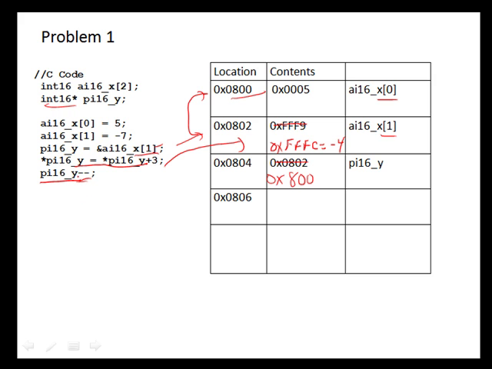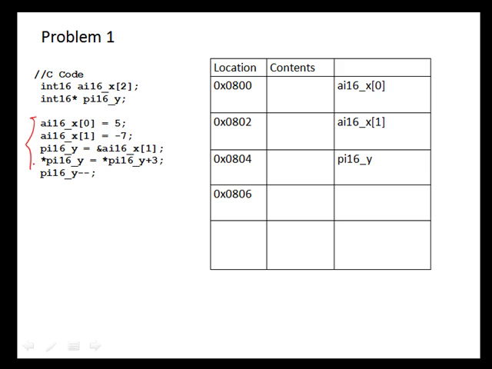The other way to do it is to remember that when we decrement this pointer, what we're really doing is saying pointer value minus the size in bytes of this data type. So we're subtracting 2 from it. So 802 minus 2 is going to be the new address of 800. In any event, after we finish executing the code, these memory contents, x of 0 contains 5, x of 1 contains negative 4, and y will contain 800.